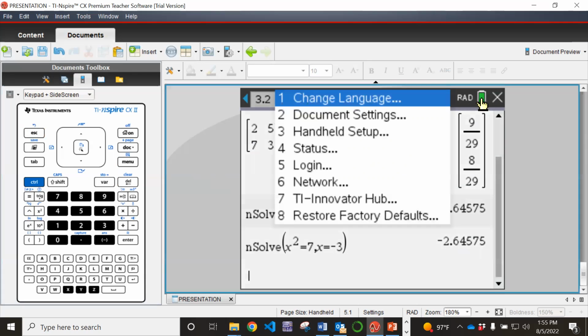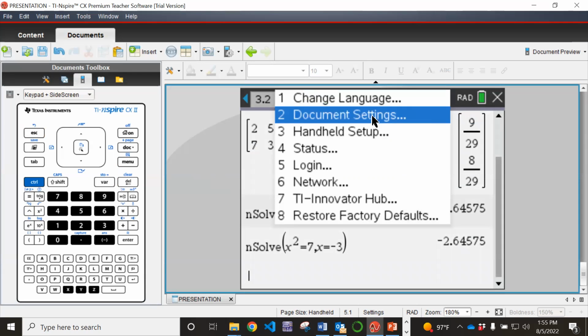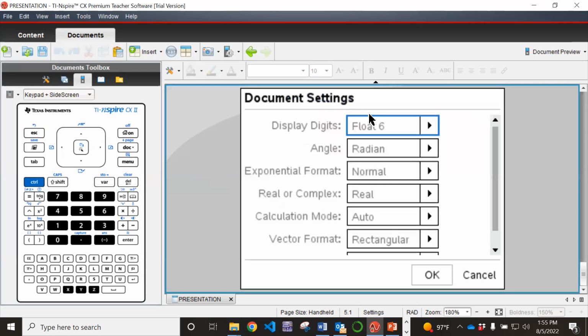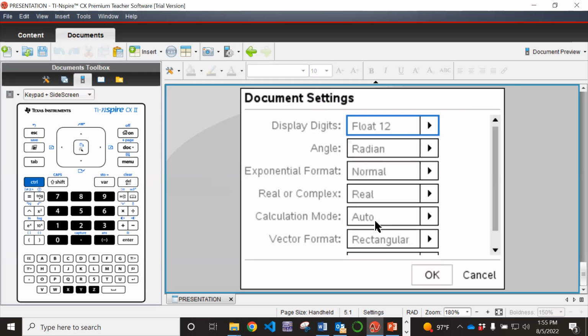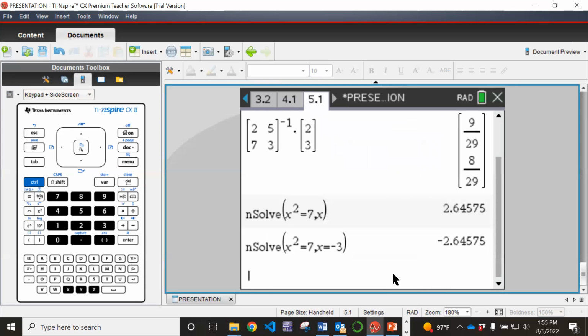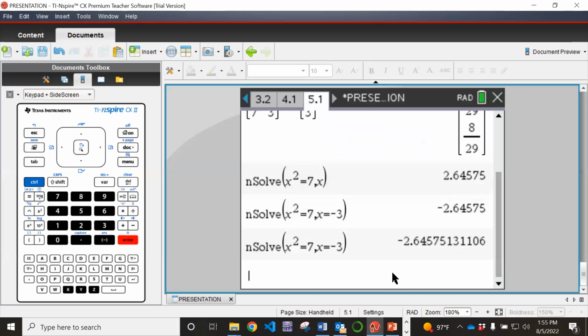And so if I click on that symbol and I look at document settings, I can actually change the display digits here, maybe all the way up to, I don't want to fix it, I'll float it to 12. And then if I wanted to recompute what I just did, I can go up, I'll hit enter, hit it again, and now I have much more than the 5 decimal places that I had before, okay? So that is solving.